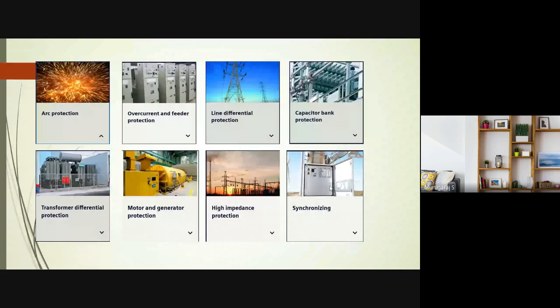There are low voltage panels and high voltage panels. When I say low voltage, it is 415 volt. When I say high voltage, it is like 11 kV, 33 kV, and more than that, 110 kV. So various types of protections are there in these panels, and in these panels there is also something called arc flash protection.